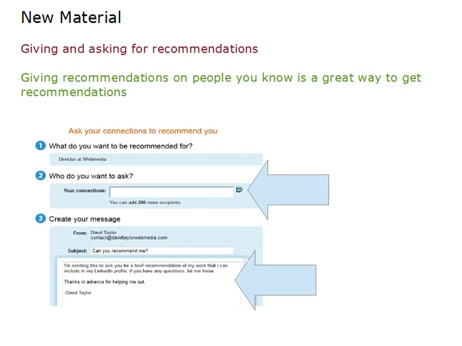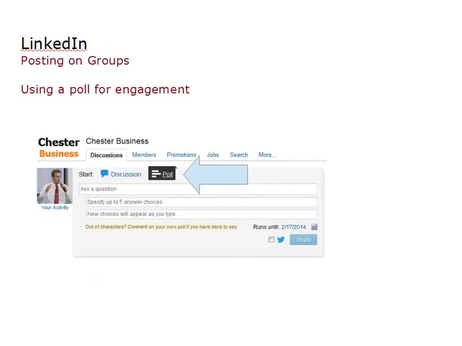So you can do it either of the two ways, but I recommend that you go and recommend a few people, write a testimonial about a few people who you know and have done business with, and more than likely you will get some nice recommendations back. So that will build your credibility and your community on LinkedIn.